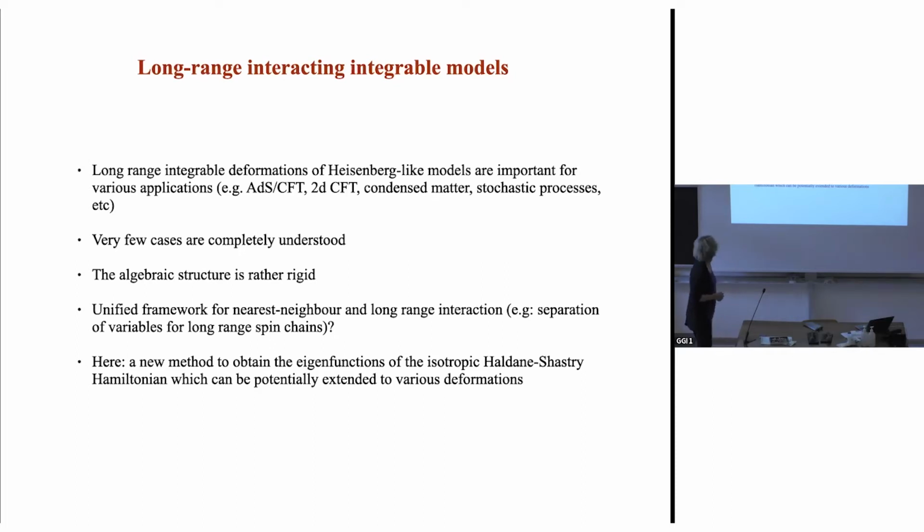So here I will present a particular result on the study of the eigenfunctions of the isotropic Haldane-Shastry Hamiltonian, and this method is potentially usable for other deformations of other spin chains.